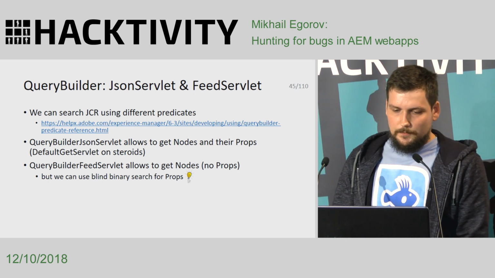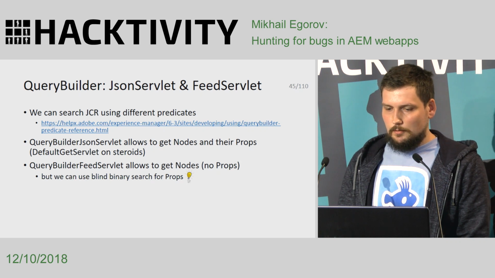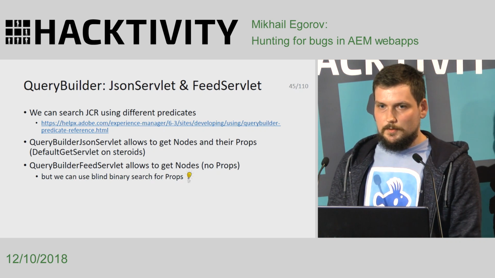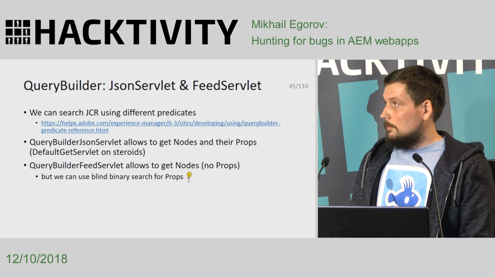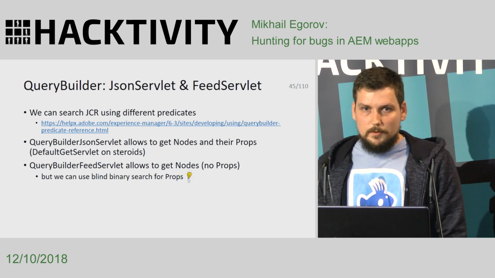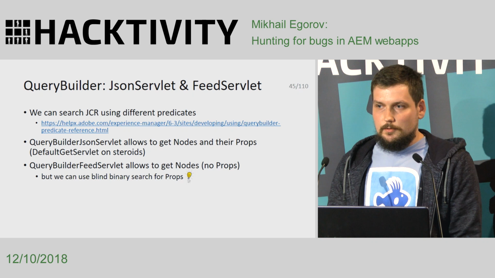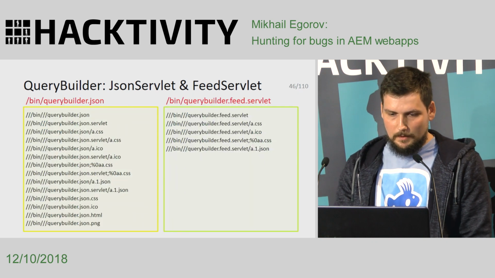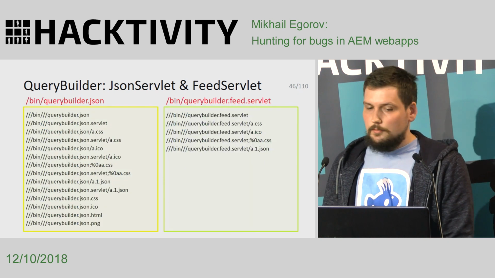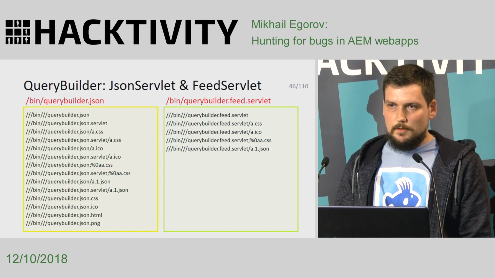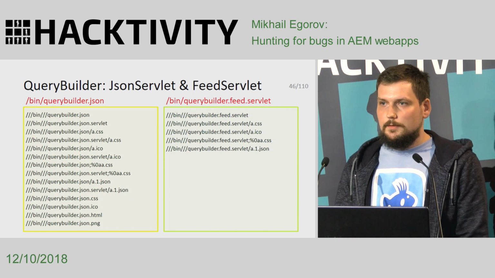However, the Query Builder Feed Servlet returns information only about nodes, no properties. But never mind, we can extract properties using blind binary search. Here you can see how to access the Query Builder JSON Servlet and the Query Builder Feed Servlet.